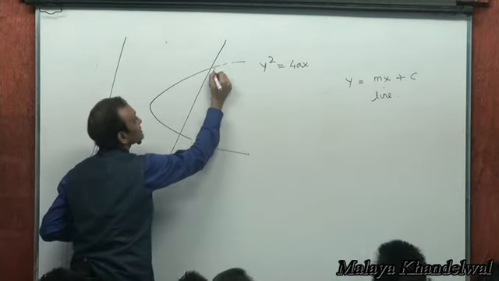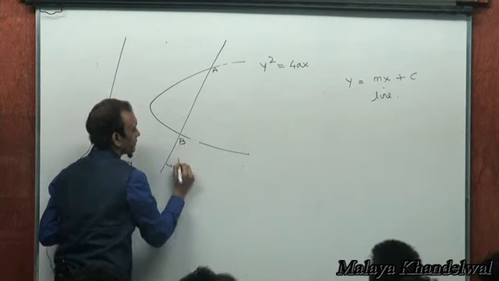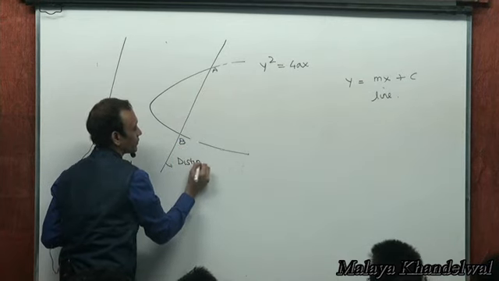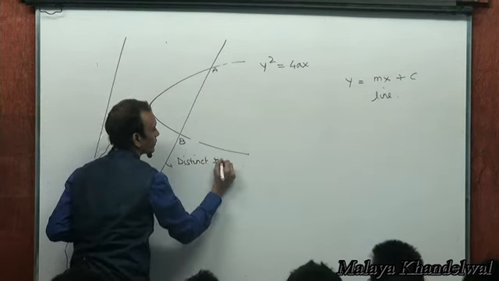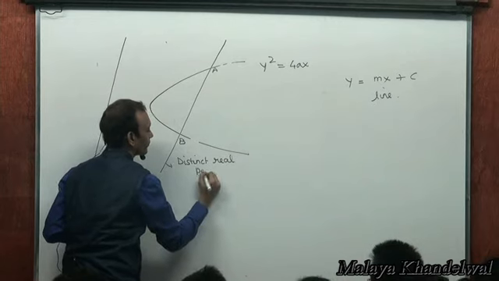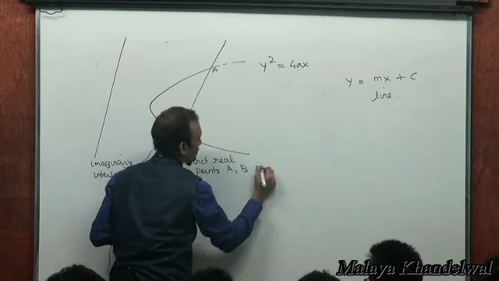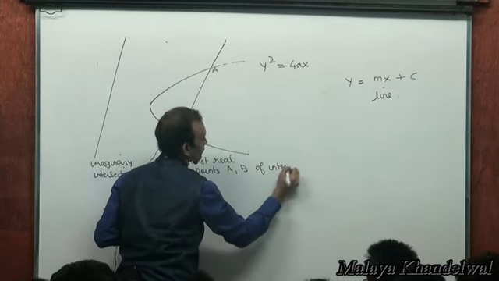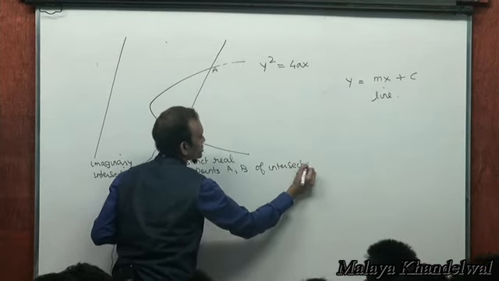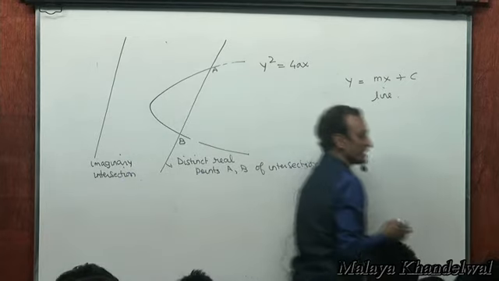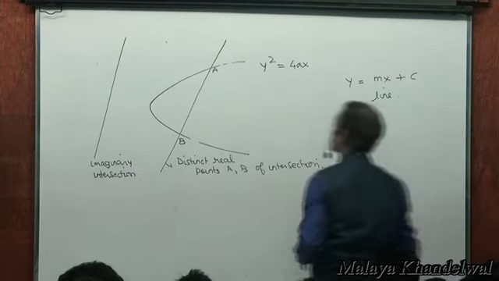Two, distinct real points a and b of intersection with the parabola, right.